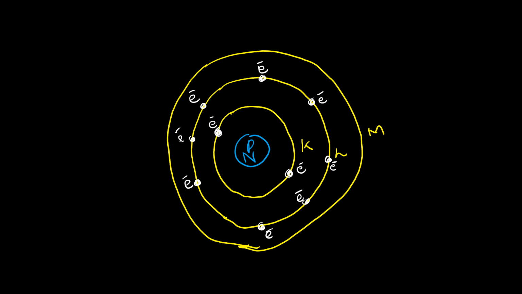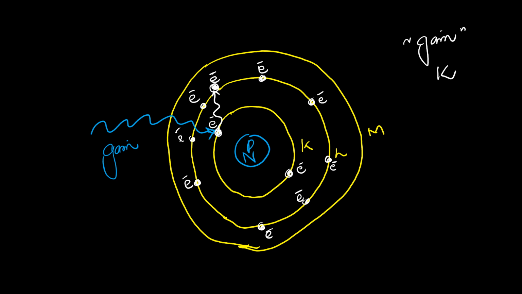Now, if energy is given to these electrons from outside, then when these electrons gain energy, they will jump from the K shell, the low energy level, to a higher energy level, the L shell. When an electron jumps from a low energy level to a higher energy level, it means the electron has gained energy. The electron has higher energy than in the lower energy level K shell.